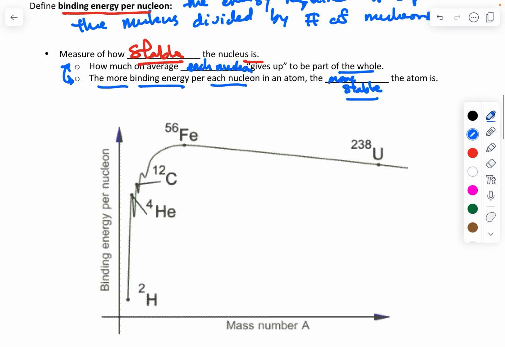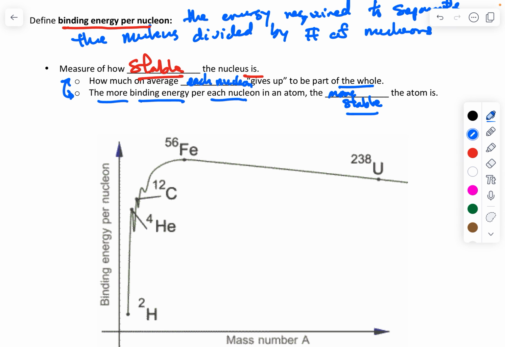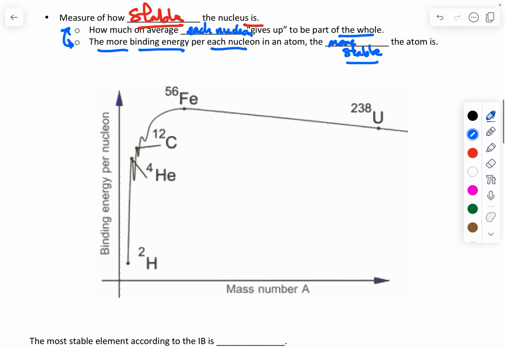If you look at the average of how much energy each nucleon is willing to give up to be a part of the whole, then you can know how stable it actually is.